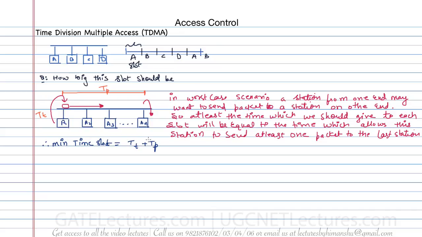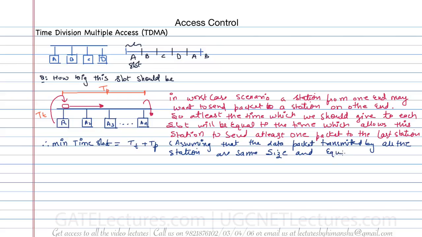Here we are assuming that all the stations want to send data of the same size, therefore the transmission time for all the packets will be the same. So assuming that the data packets transmitted by all the stations are of the same size, and equal bandwidth is allocated, that is called the transmission time.